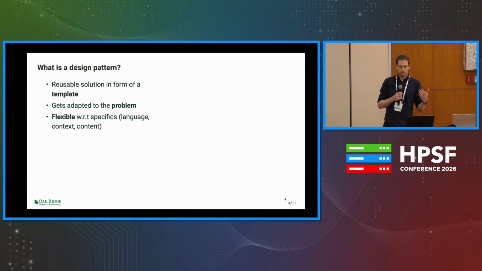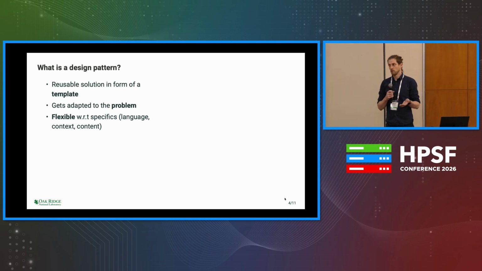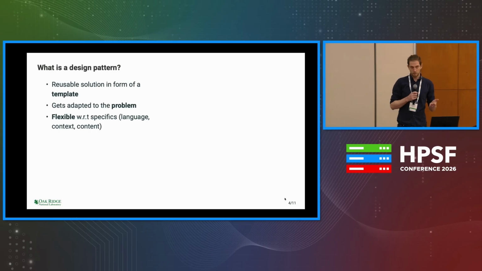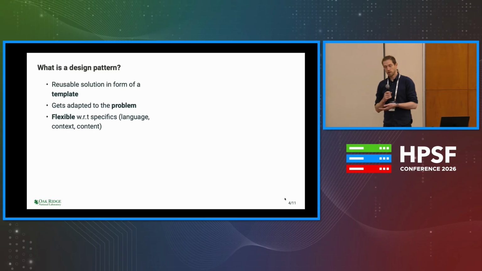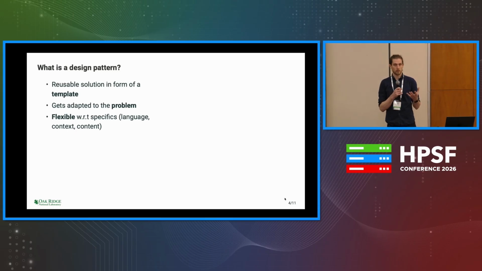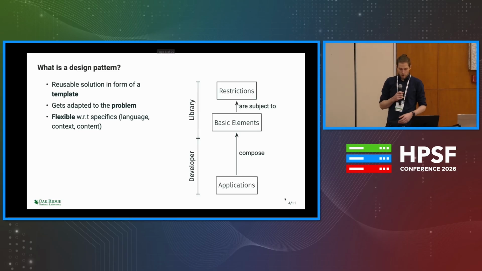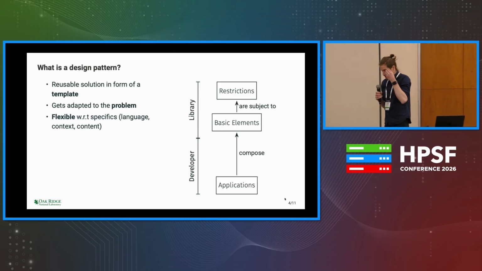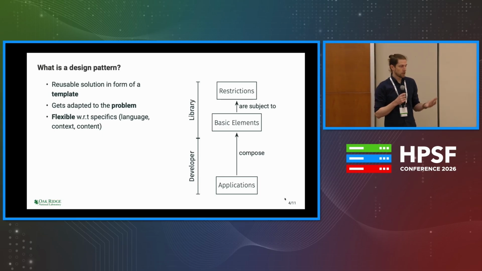And since it gets adapted to your problem, it's also flexible with respect to specifics, like which language you are using, which context you are using it in, or what content you put inside the pattern. If we look at it from a more hierarchical perspective, all our machines have restrictions.